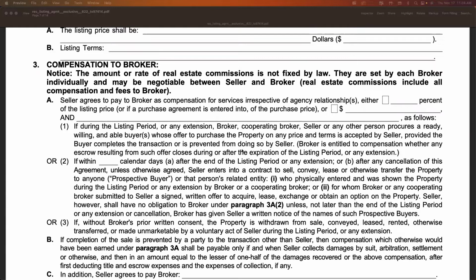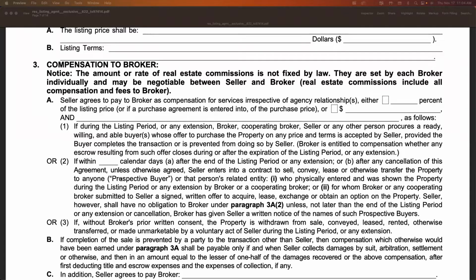The most common one, obviously, is you sell the listing. The second one is if the listing expires or cancels and you give that seller a list of all of the potential buyers or people who wrote offers, if one of those people were to write an offer within the time you specified in paragraph A2, then you would step back in as listing agent.